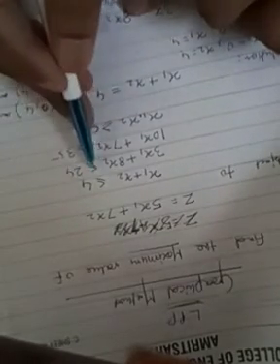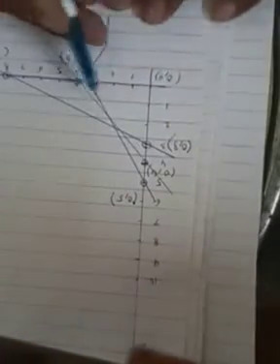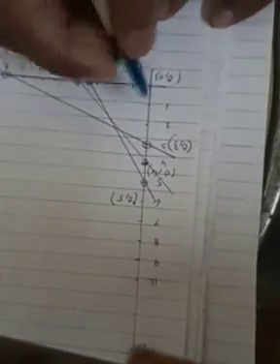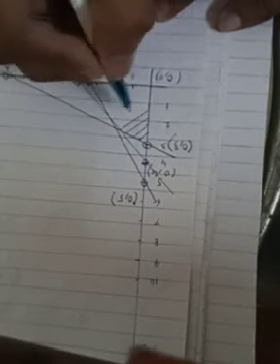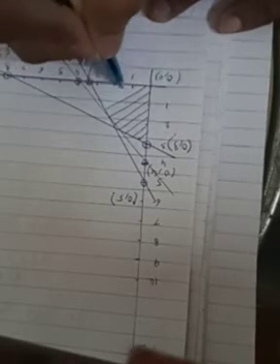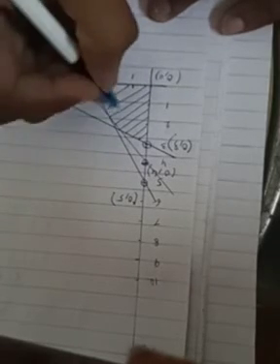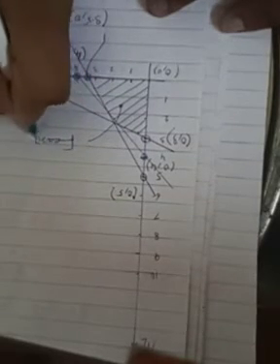So whenever less than or equal to constraints are there, we have to take the area below the straight line. So the common area below the straight lines is this one. So this area represents the feasible solution.